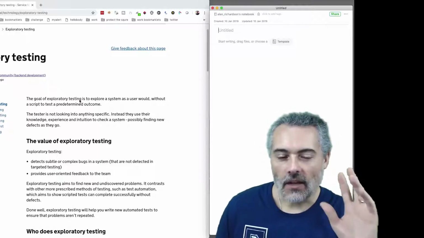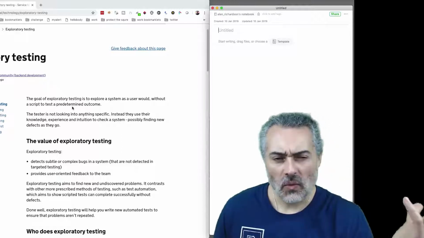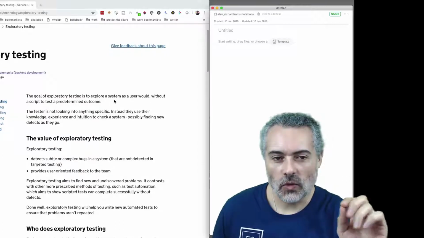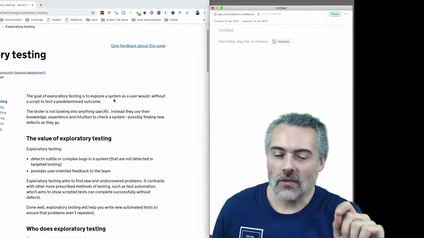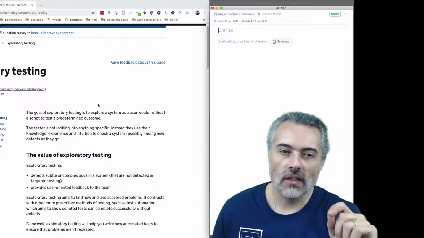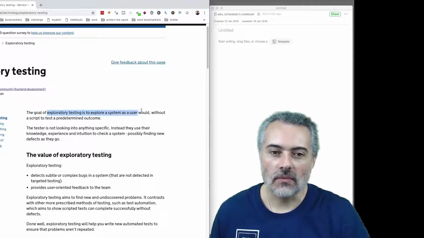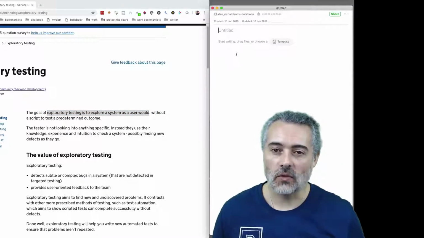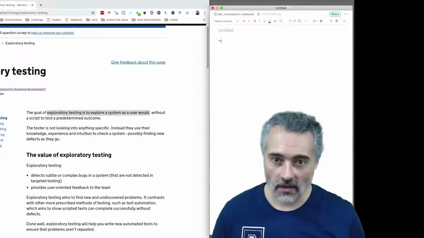But I do remember looking at the start bit and going, what? So the goal of exploratory testing is to explore a system as a user would. For me, that's not necessarily the case. I very often do not explore the system as a user would. I very often use technical tools to help me get under the covers.